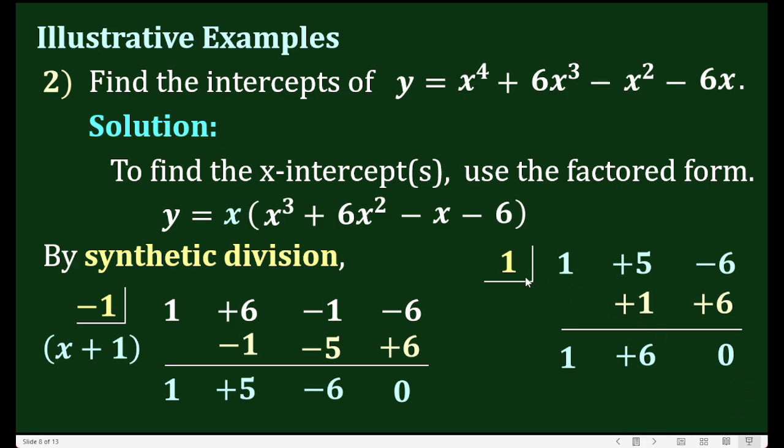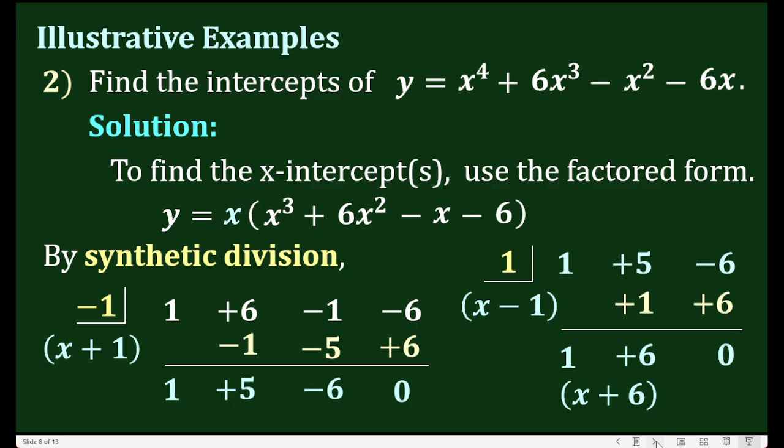Therefore, we obtain the second value, or the 0. And from this value, the second factor would be what? x minus 1. And the third factor can now be easily identified from this row of 2 numbers. So if this is the constant term, this term has a degree of 1. Therefore, the expression is x plus 6, which is our third factor of this polynomial inside the parentheses.